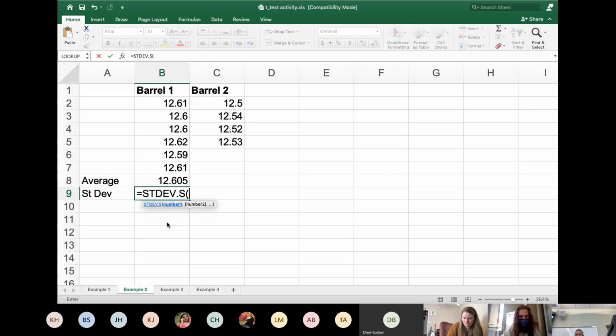I'm 95% sure this is the right function. Let's see what it pops up. Right, so it says that distribution, so that's 95%, 0.05, and degrees of freedom is that one. And that was not the right one.